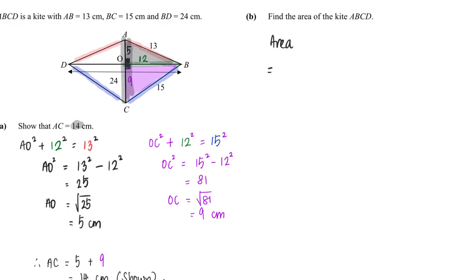Then I will have the red color triangle ABD, half times base, the whole length base is 24, the height I've gotten is 5, plus my whole blue color triangle, which is at the bottom, again half times base 24, height is 9.